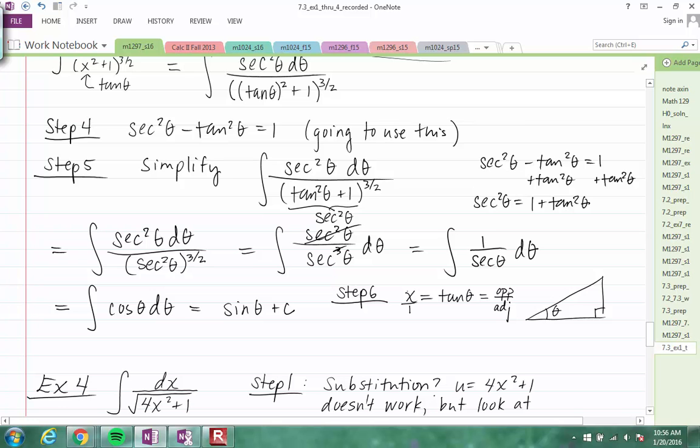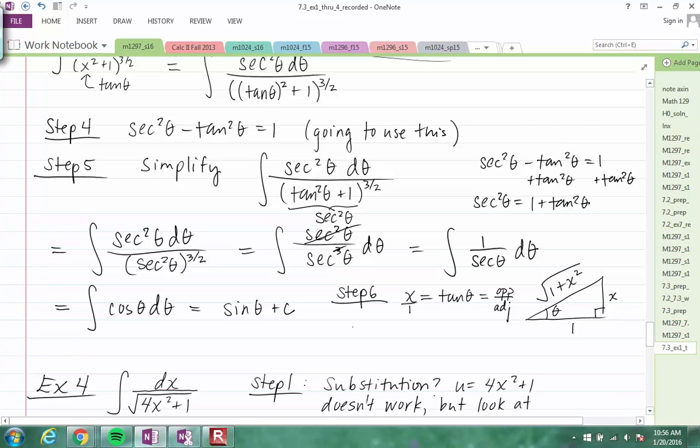So if I have x over 1, the opposite edge is going to be x, and the adjacent one is going to be 1. Finding the length of the hypotenuse then is going to be the root of 1 squared plus x squared, or 1 plus x squared.